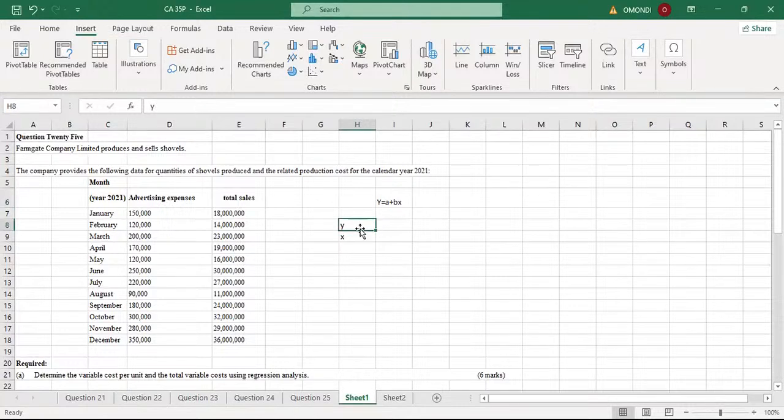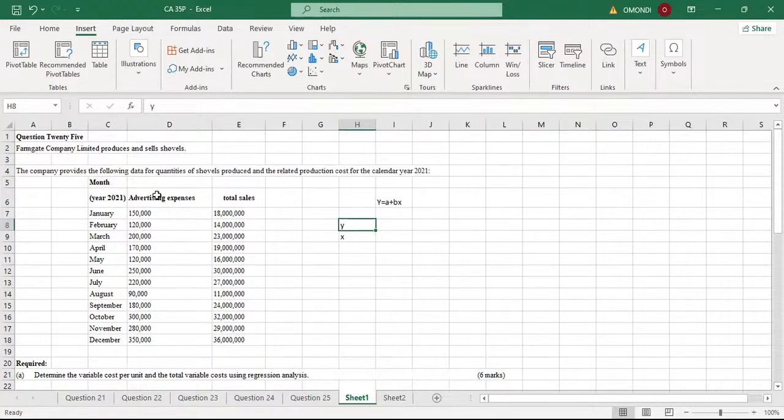And the final value of Y will be determined by the value of X, the units of X. So the one that is dependent on the other becomes Y. And the other one, that this one depends on, becomes the independent variable, or X.